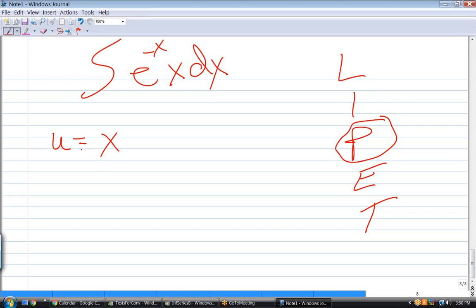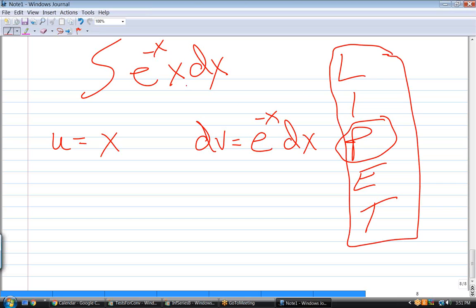But once you've decided what to let u equal, everything else is dv. And this is the part that's a little confusing, but not if you think of it like that. In other words, figure out what to let u be based on LIPET, and then everything else in the expression equals dv. Okay?